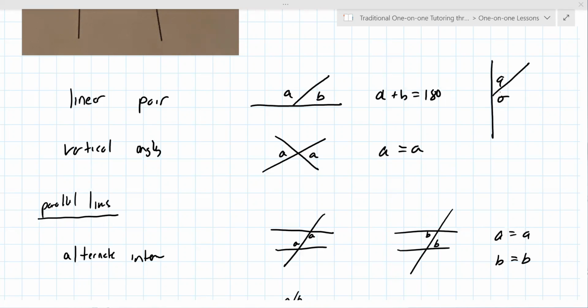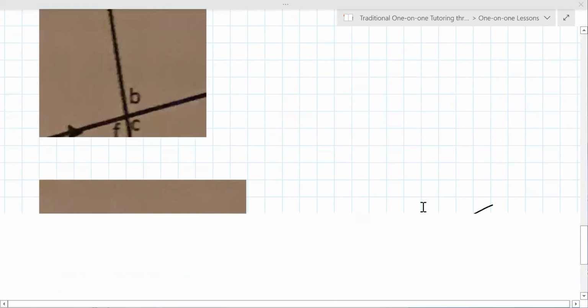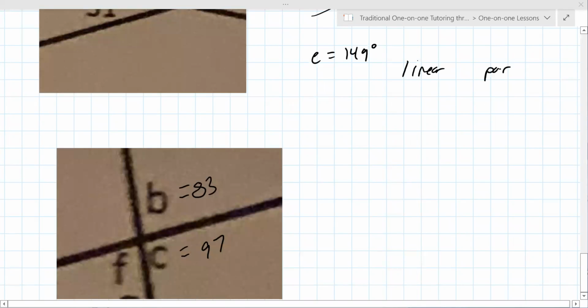Okay, so back with that one, it has F and B and C. We could use maybe F and C as a linear pair.